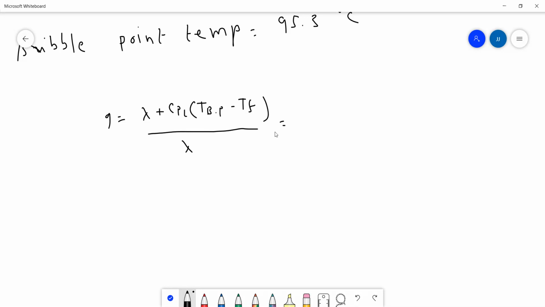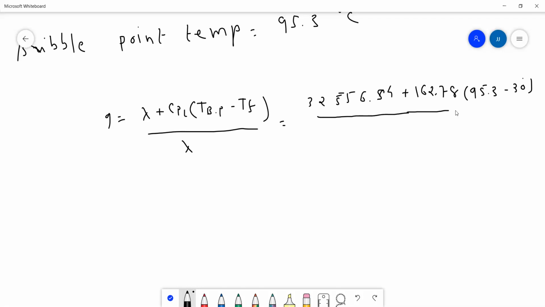This is equal to, lambda we have already calculated, 32556.5 plus CPL, 162.78, bubble point temperature, that is 95.3, minus feed temperature, 30 degrees, divided by lambda, which is 32556.5.